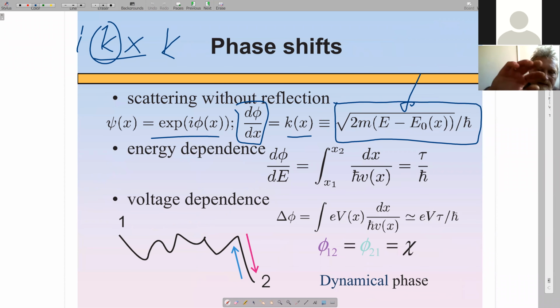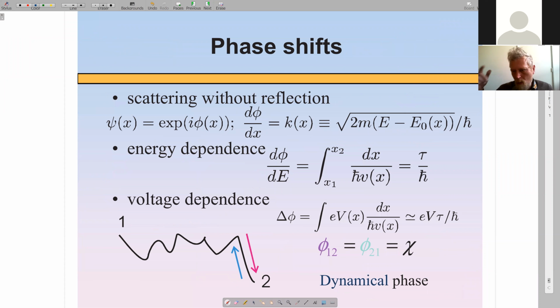Let me now discuss how one can get phase shifts for electron waves which propagate in nanostructures. Let me first consider scattering without reflection.